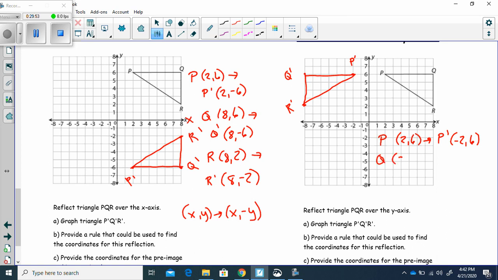Q is at 8, 6. What's our Q prime at? Q prime is at negative 8, 6. And let's look at our R. R is at 8, 2. What's R prime at? R prime is at negative 8, 2.